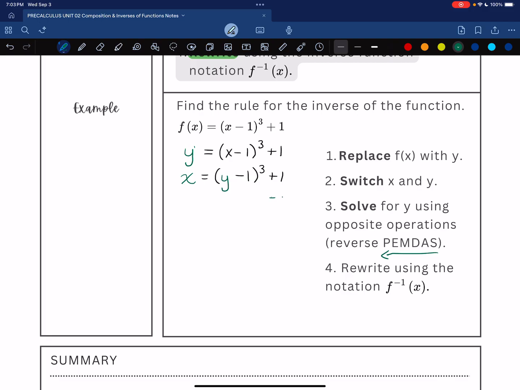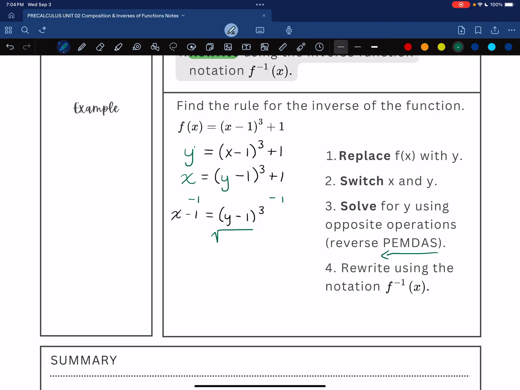We can go ahead and subtract 1 on each side. That'll give us x minus 1 equals the quantity y minus 1 cubed. That was our first step in solving, but y is still not by itself. Our next step, because this group is cubed, I can't undo the -1 inside that group. I have to undo the group.